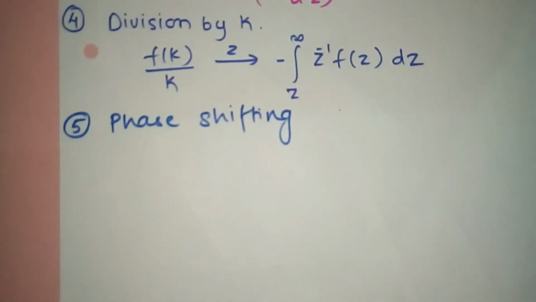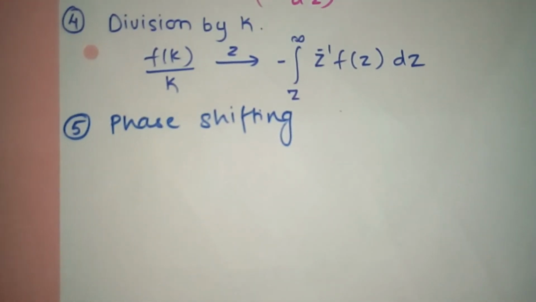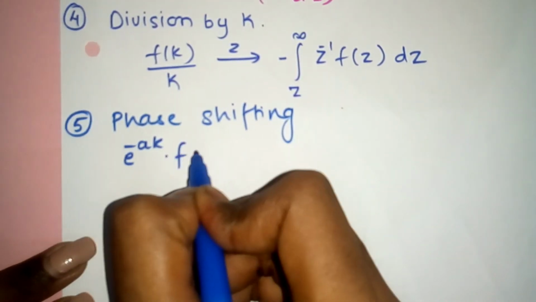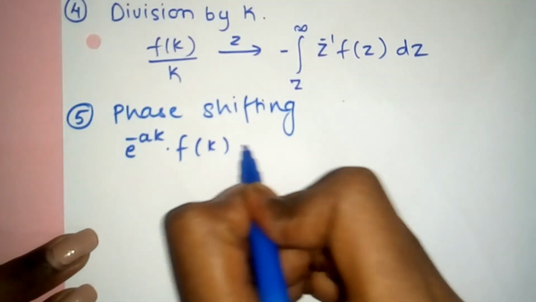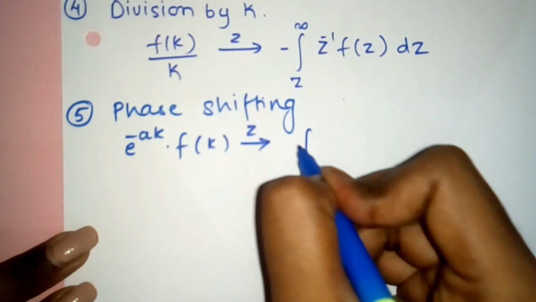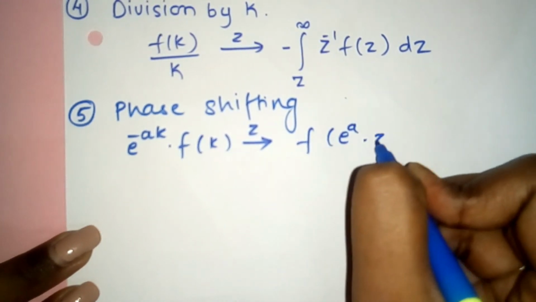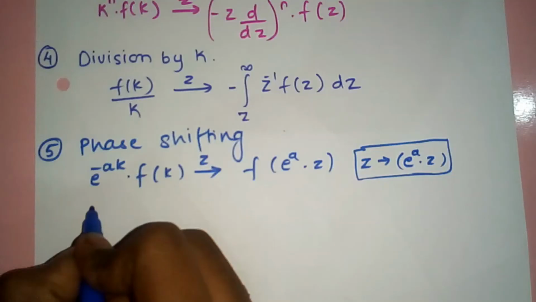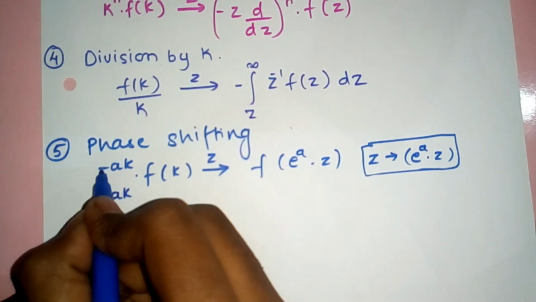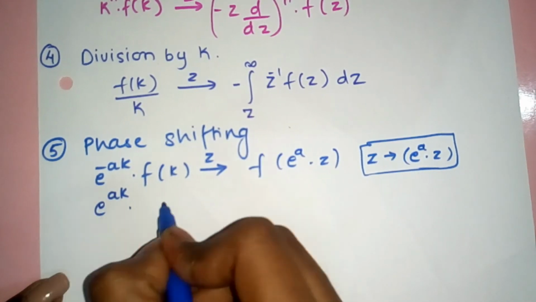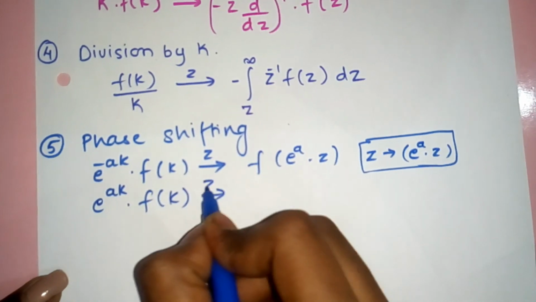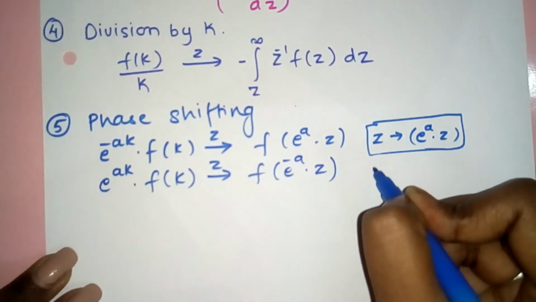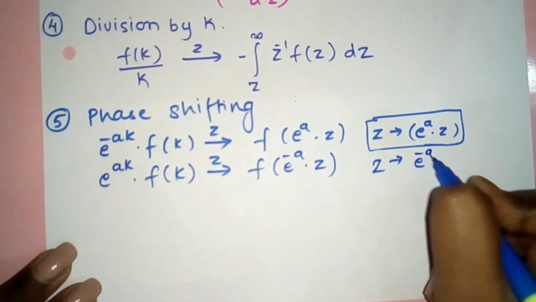Now we will go to the last property, that is the phase shifting, which is very important. When we have e raised to minus ak into f of k, the Z transform will be f of e raised to a into z, means z will be replaced by e raised to a into z. And if we have e raised to ak into f of k, the Z transform will be f of e raised to minus a into z, that is z will be replaced by e raised to minus a into z.